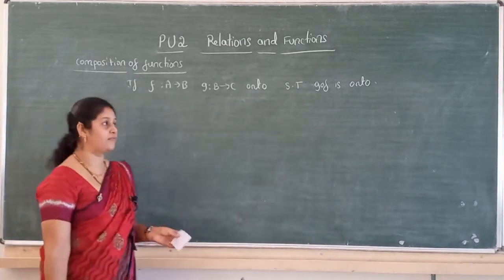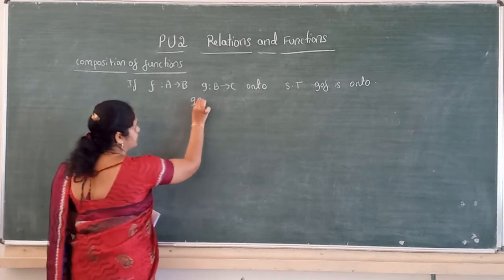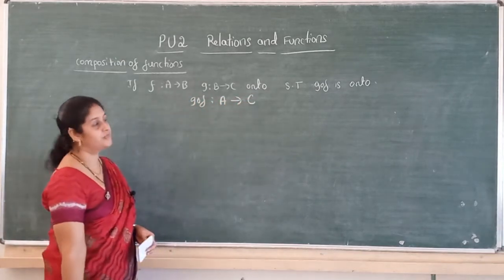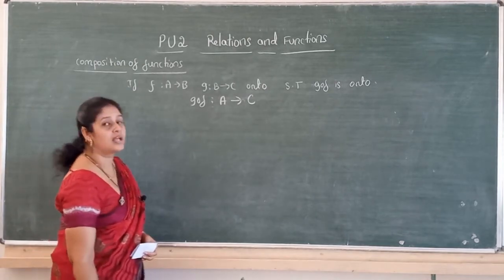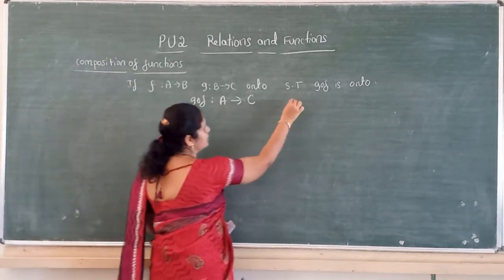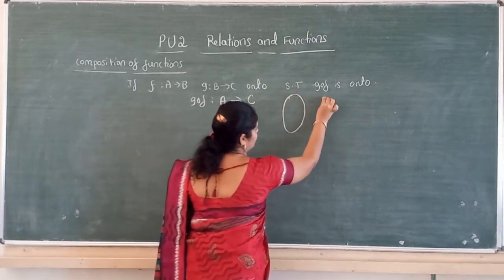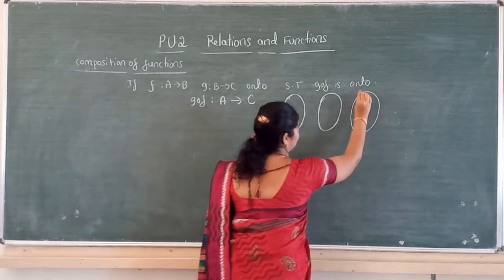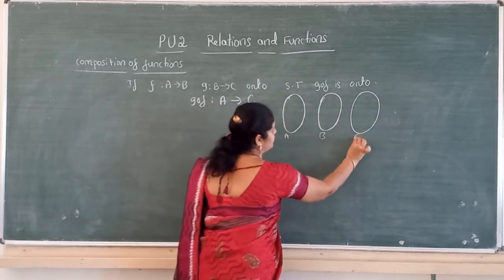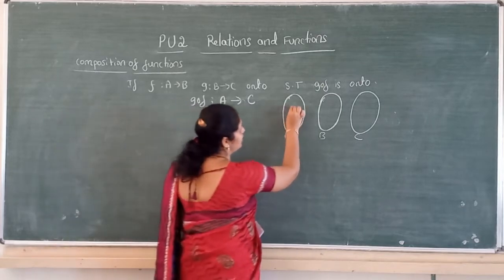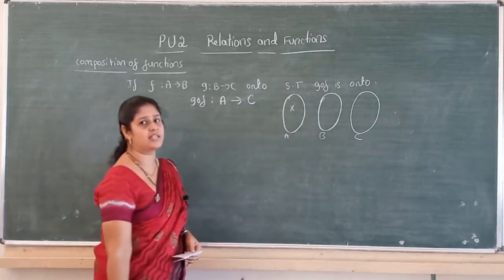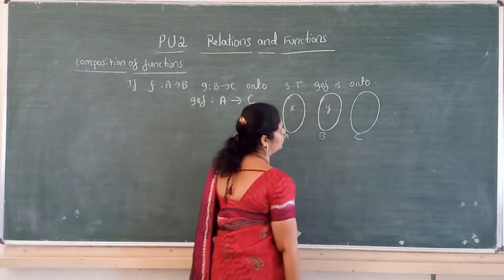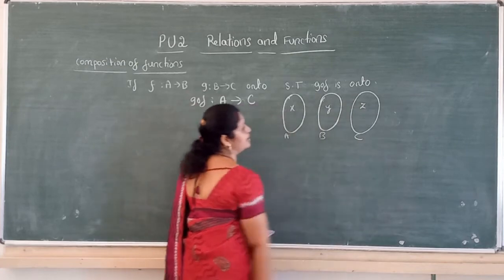Now, to show that g of f is an onto function, let us define g of f first. So g of f is from A to C. Here this is a set A, this is a set B, and this is a set C. Here I can take some element x, then here some element f of x, which is equal to y, and here some z.